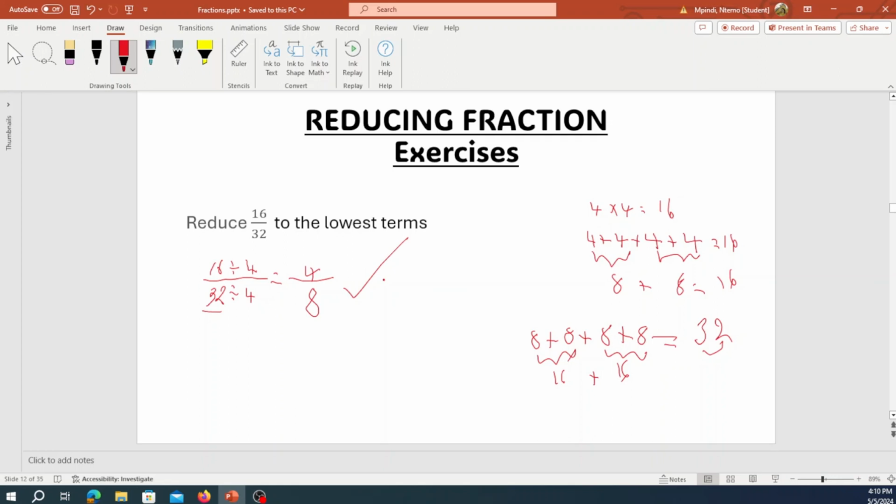So you see, before we move on to the next one, if you take a look, we can still go on. We can still find a number that's gonna divide both of them.